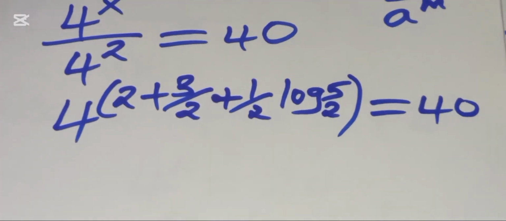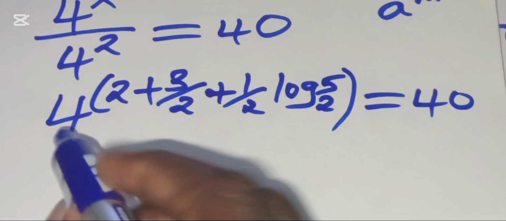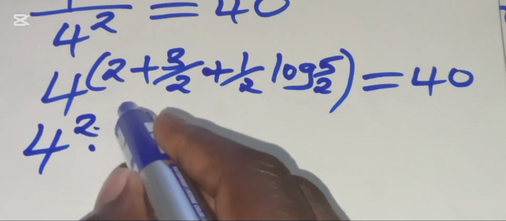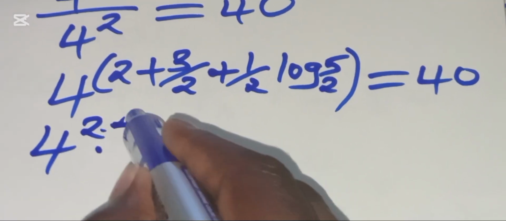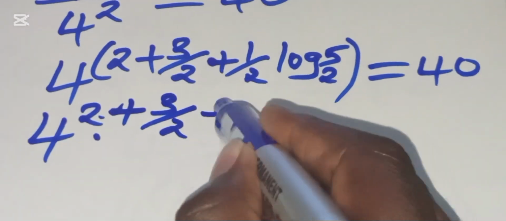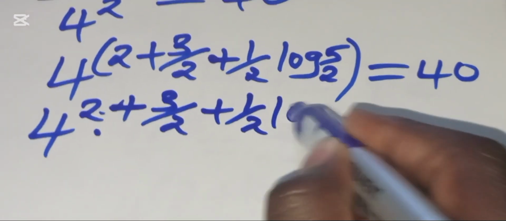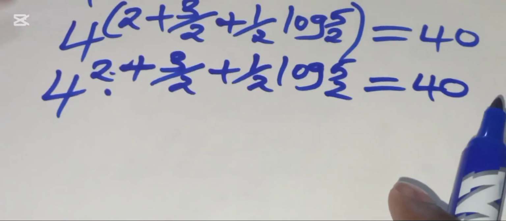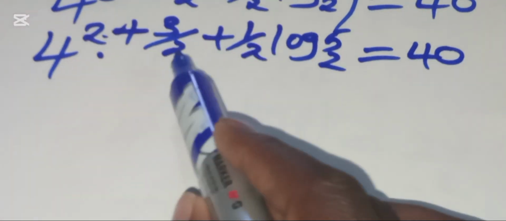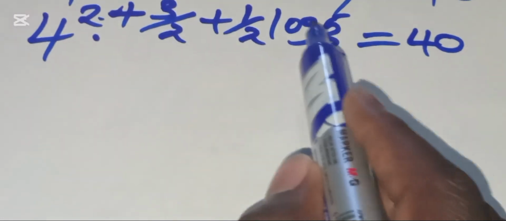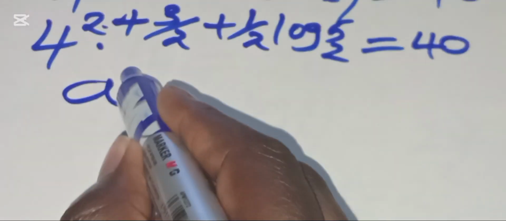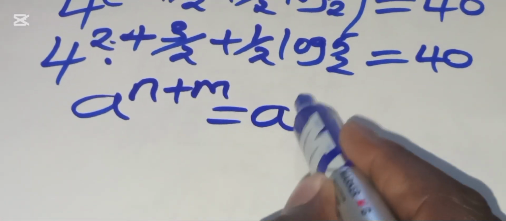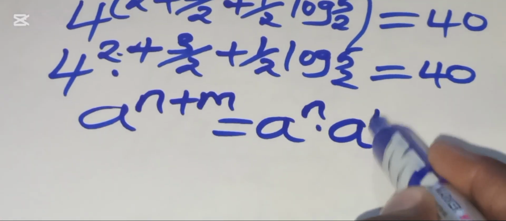Now from what we have here, this is the same thing as 4 to power 2 plus 3 over 2 plus a half log 5 to base 2, divided by 4 to power 2, which should give us 40. Now 4 to power 2 plus 3 over 2 plus a half log 5 to base 2 is actually in the form of a to power n plus m, which you can express as a to power n multiplied by a to power m.